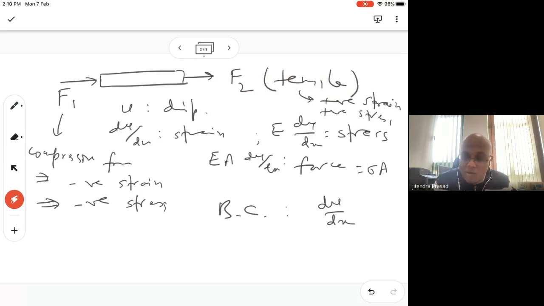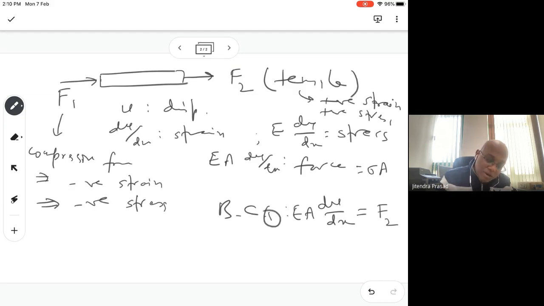This is how the convention is for this type of elasticity, right? So this is positive when the strain is tensile, that is, the force applied is tensile, and the force itself is tensile here. So we can write EA du over dx equal to F2. This is boundary condition number 1.